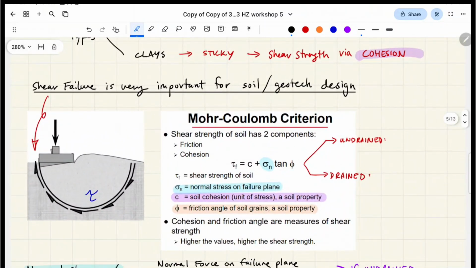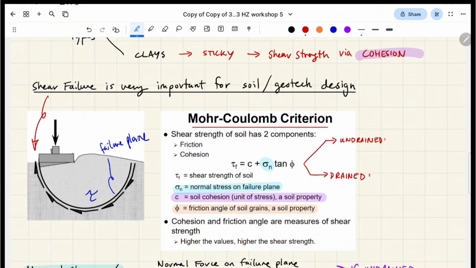Shear failure is probably the most important type of failure when we look at soil or geotech design. We have this thing here called our failure plane, which is the shape which the soil will slide down or along, right? And here we have a footing.